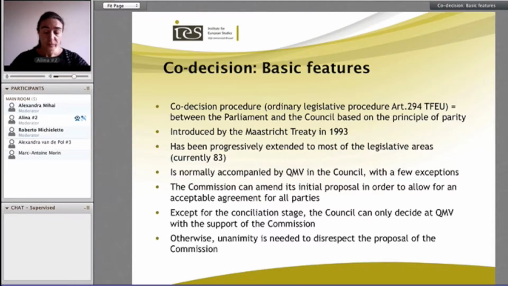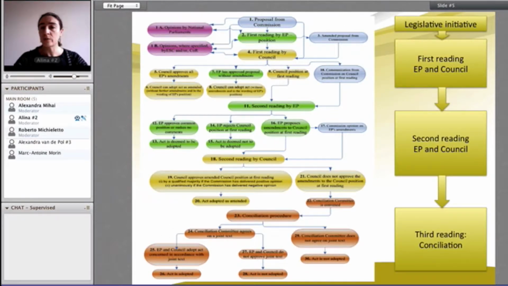So it also means that the Council can only decide by qualified majority voting with the support of the Commission. I think this is everything that I wanted to tell you with regard to the general overview of this procedure. Here I've put in a slide that looks quite complicated, outlining the whole procedure.